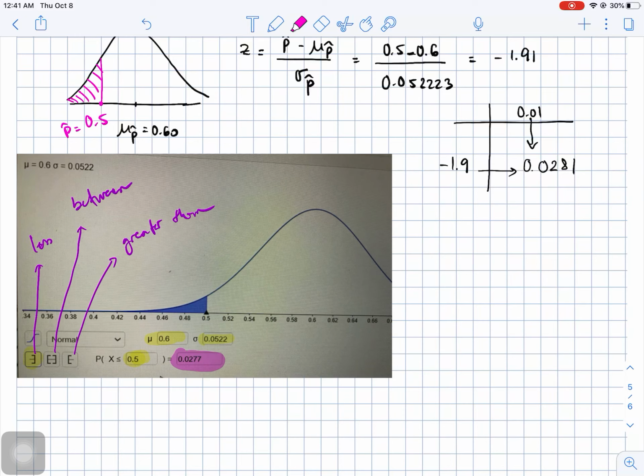And then the question mentioned half, so that means 0.5. So we input 0.5 in here. Then your answer is 0.0277. Now we compare the answer with the manual work. It's a little bit different, and we understand why. So they are both acceptable.